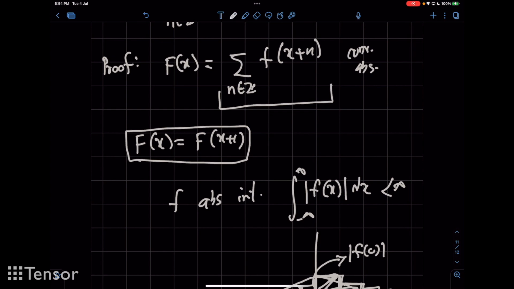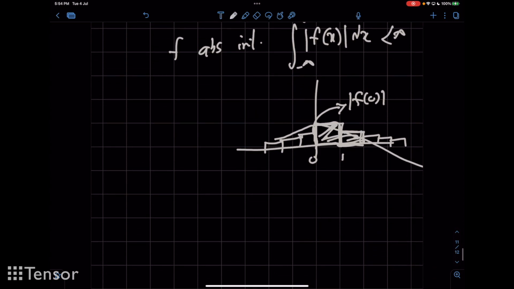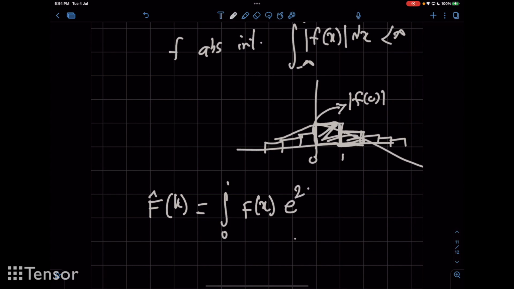Okay. Now that we have that capital F is one periodic, we can take the Fourier series of capital F, right? So the Fourier coefficient F hat of k is the integral from 0 to 1 of capital F of x e to the 2 pi i kx dx.